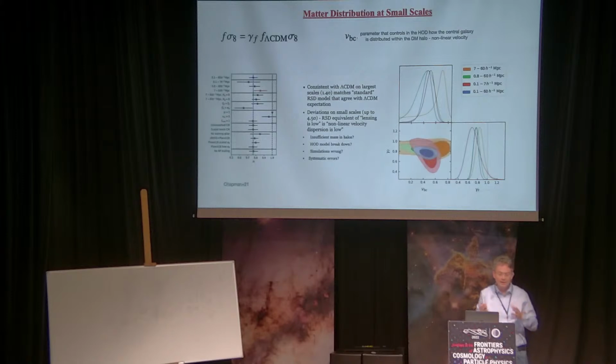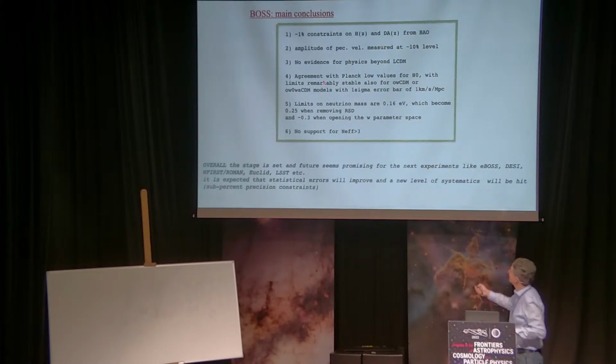So here in this case, you are brave. You want to go down to scales of, let's say, 7, 8, 1 megaparsec, and look at how your clustering model compares to the data, right? And of course, this could have implications in terms of modified gravity. So BOSS's main conclusions: 1% constraints on the amplitude, peculiar velocity measured at the 10% level or better, no evidence for physics beyond lambda CDM, perfect agreement with Planck.